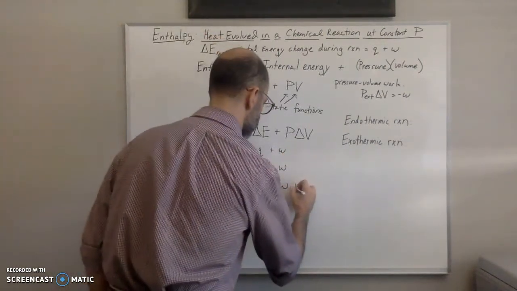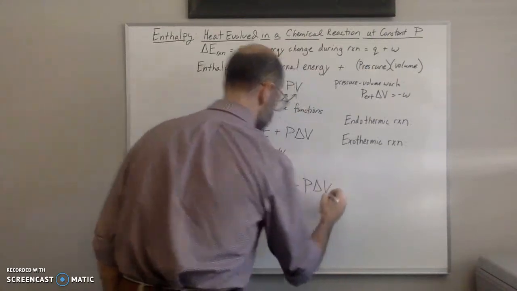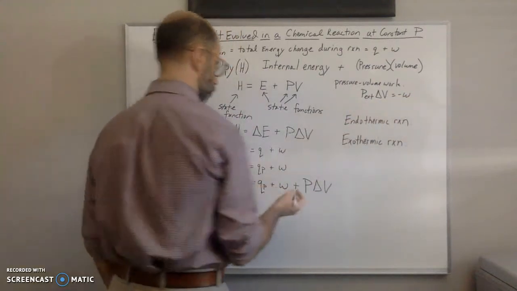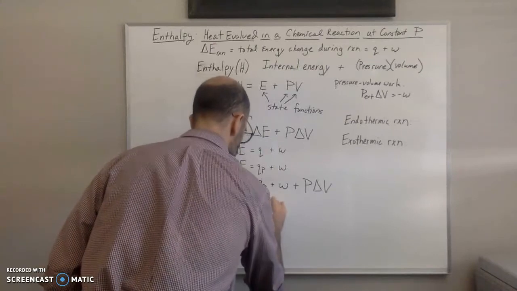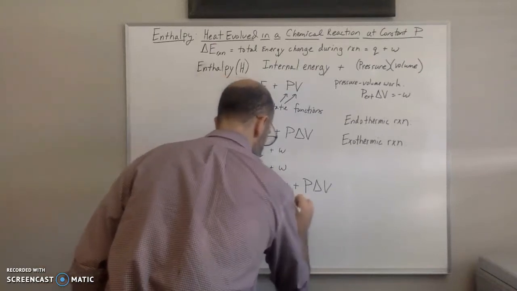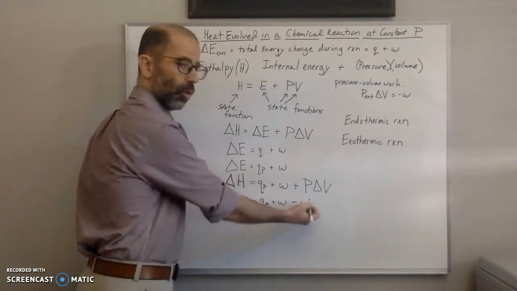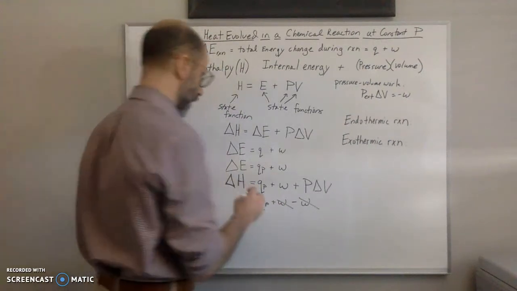And then plus P delta V. But P delta V is the same as negative work. So then this becomes Q sub P plus work minus work. And as you can see, the work cancels out. So work is no longer a factor.